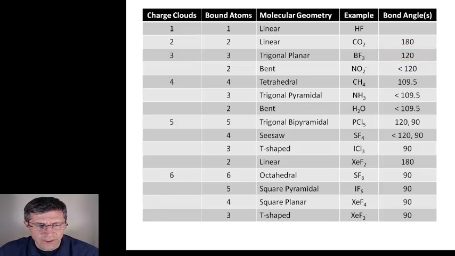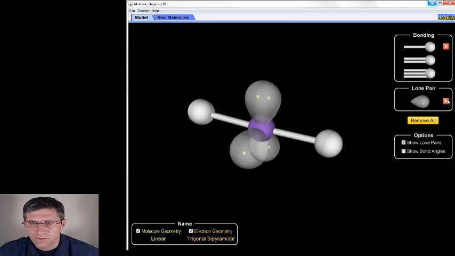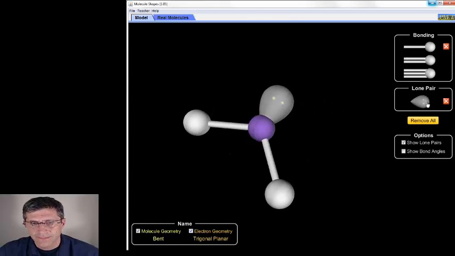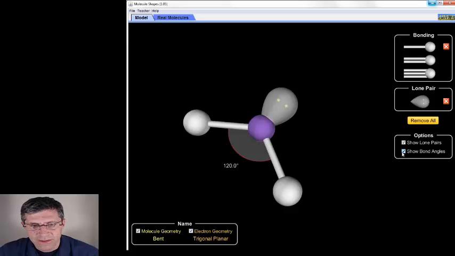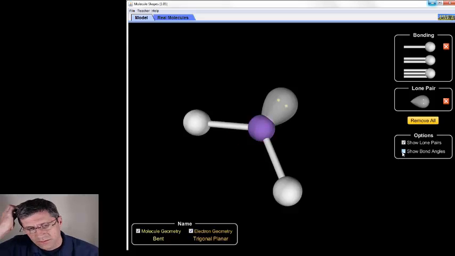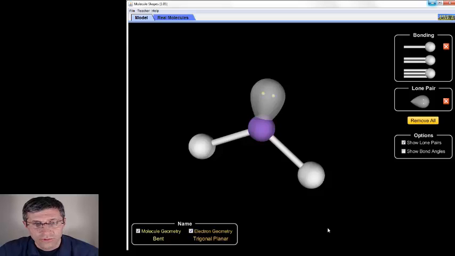Interesting thing happens when I go to my bent atom from my trigonal planar. So let's go to this, this is electron geometry, which is trigonal planar. And my bent angle between these 2 atoms is shown here as well. Nice little molecular geometry. So the question is, what's the angle here? If my molecular geometry was trigonal planar, I would have 120 degrees.